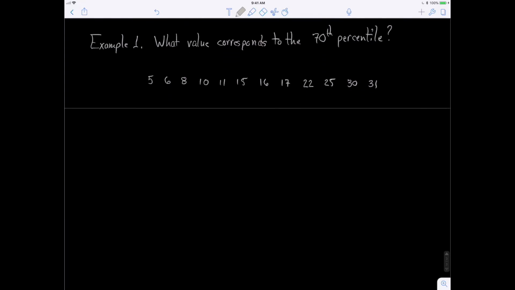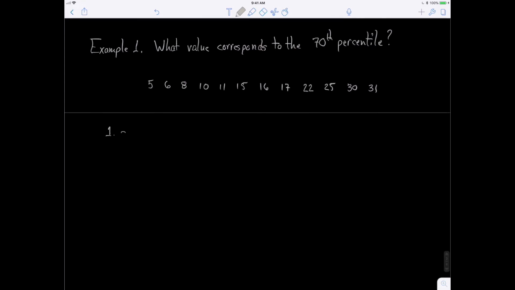Step 2 is C equals N times P divided by 100. So let's count the values: 1, 2, 3, 4, 5, 6, 7, 8, 9, 10, 11, 12. We have 12 values, so N is 12. And since we're looking for the 70th percentile, we don't have to change it back to a decimal.